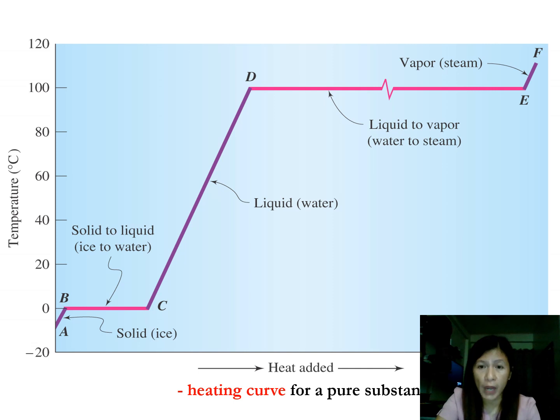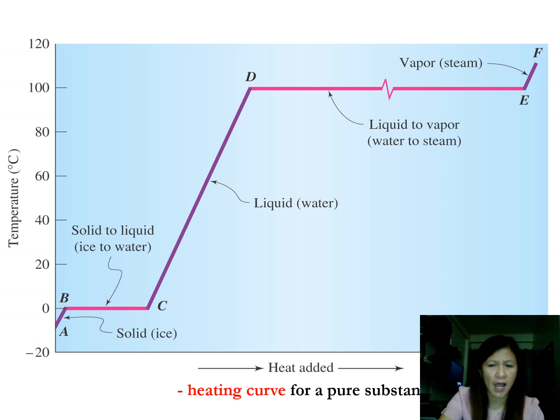And at this point, your water will stop changing its temperature kasi mag-start na ulit siyang transform into another phase. So that's what I meant when I mentioned about temperature remaining during the course of phase transformation.